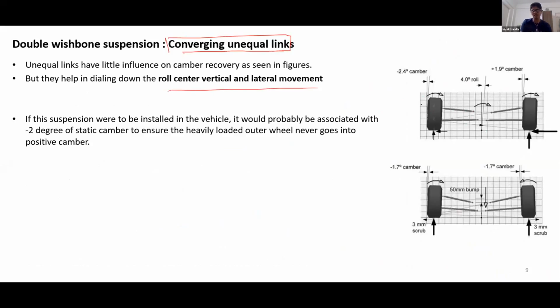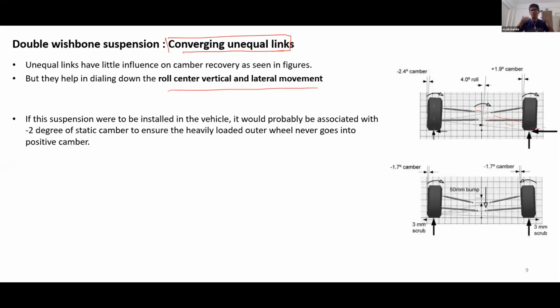So what you would see is that if you find out the roll center height as the wheel moves up and down, obviously the roll center depends on the instant center and the instant center depends on the position of the links. So as your wheel moves up and down, your roll center is also moving in all the directions. It's moving up, down, and laterally, right?